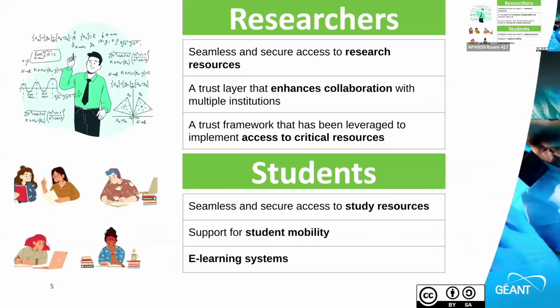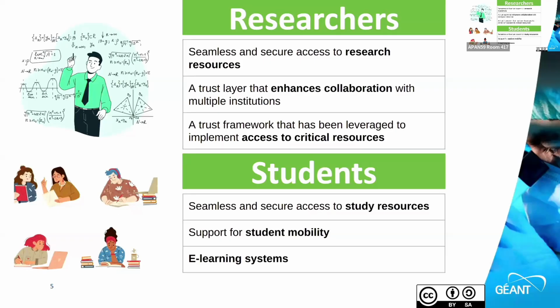But what's in it for users of research and education? Let's try to look at two of the most common users in our field: researchers and students. For researchers, if they can access resources through their identity federations, this means they have a seamless and secure way to log into resources for research, be those academic journals or, for example, sync and share services.